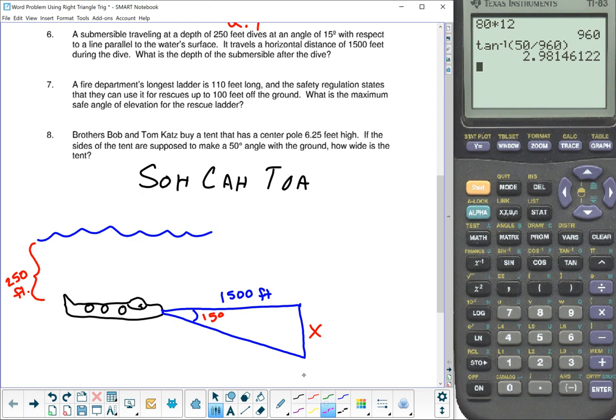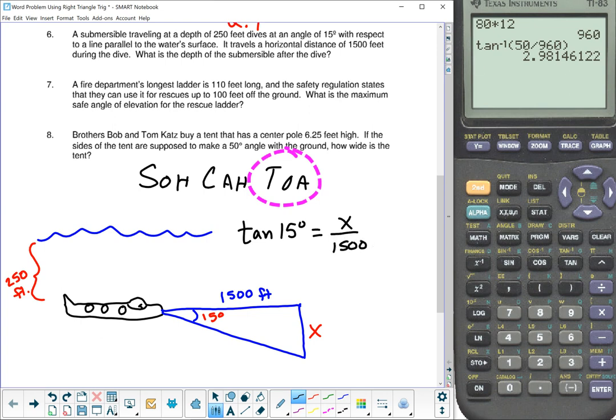So from this angle, 15 degrees, we are looking for the opposite, and we have the adjacent. Right? So opposite and adjacent, got the TOA, right? So that means we're talking about the tangent, right? So we got tangent 15 degrees equals the opposite, which is x, over the adjacent, which is 1,500.